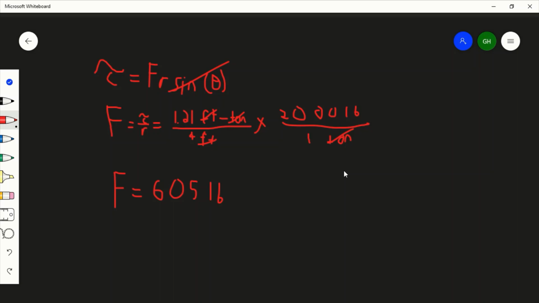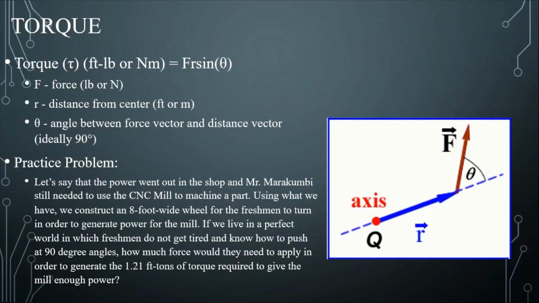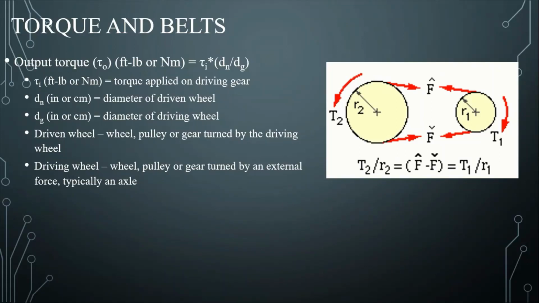So we'll use something to help us out, and those are called belts. And the way that belts work is by applying a torque on one wheel, it will apply a proportional torque on the other.